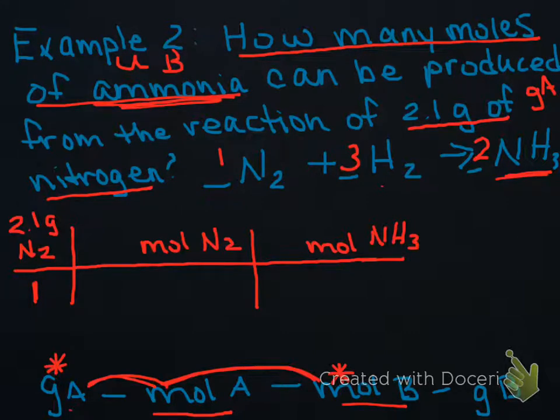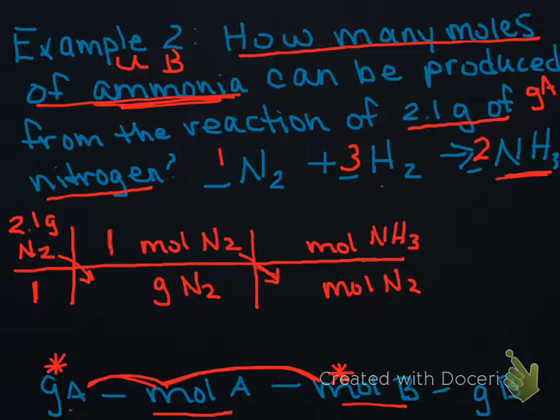Now all I have to do is bring my units down. So I'm going to bring down grams of N2. Then I'm going to bring down moles of N2. So my units always come down diagonally. All right. Now it's time to fill in some numbers. When I have moles over grams, that's when I'm looking for the molar mass.